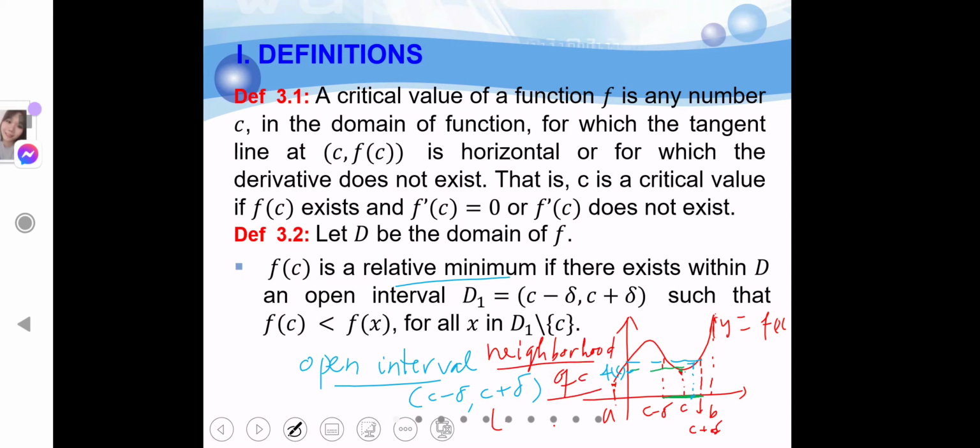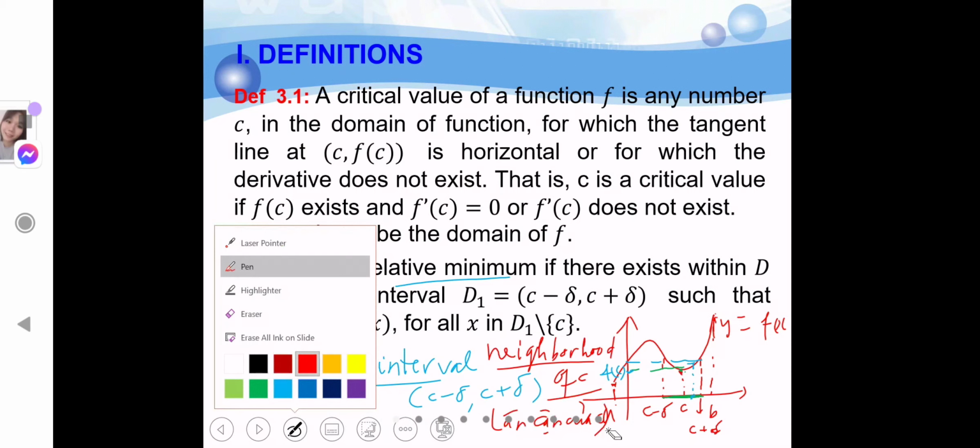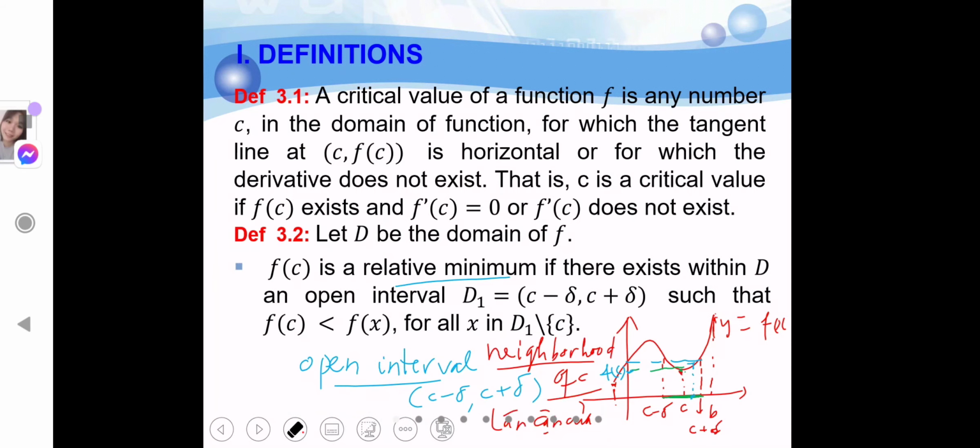So the given function has a relative minimum at c if it satisfies conditions.